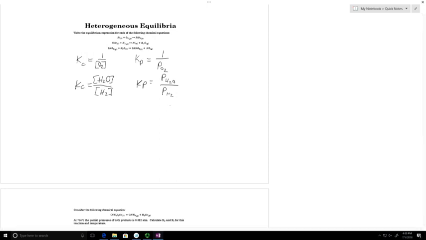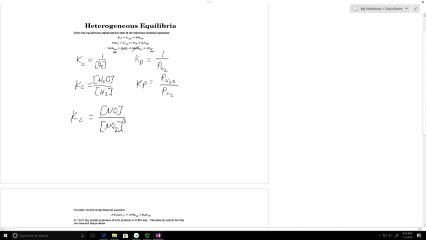Last one, well, we can just do it out. We're looking for gases or aqueous. In this case, we have two gases. So we're not going to worry about water, and we're not going to worry about HNO3, nitric acid. So in this case, Kc is the product NO, nitrogen monoxide, over NO2, nitrogen dioxide, cubed.